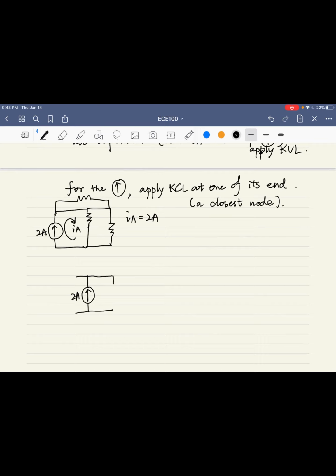In this case, the current source is shared by two meshes, right? What we can do is use a super mesh that does not include the current source, which is drawn here with an orange rectangle. And please apply KVL to this super mesh.